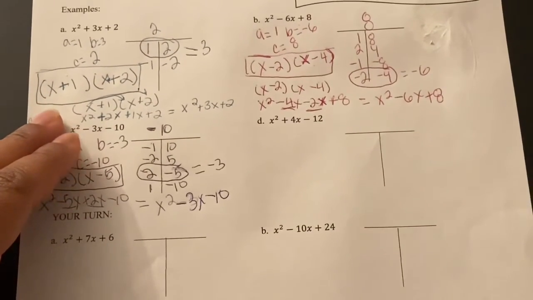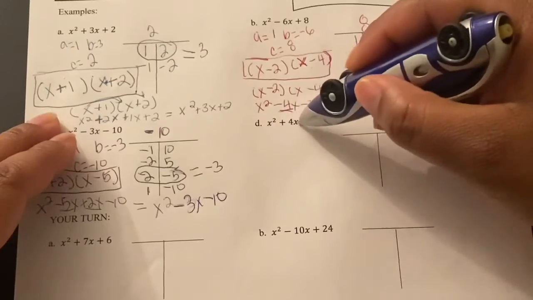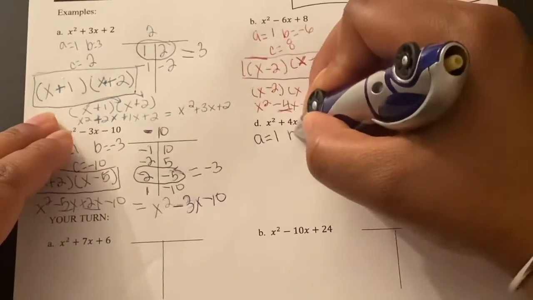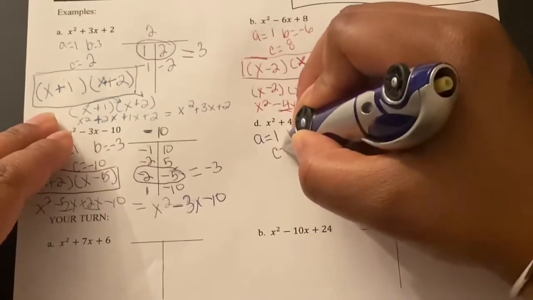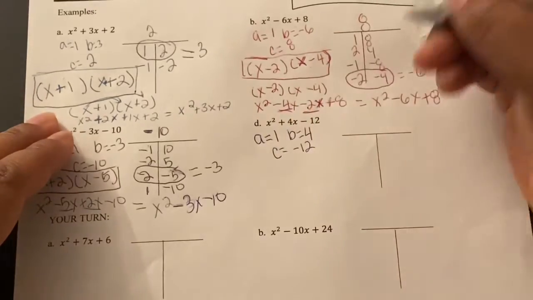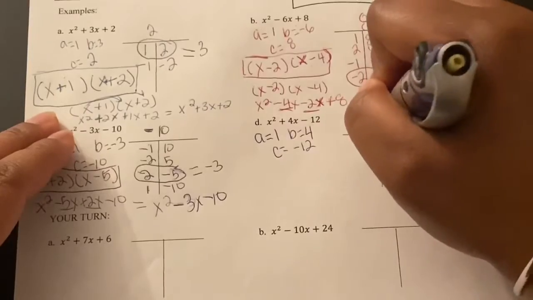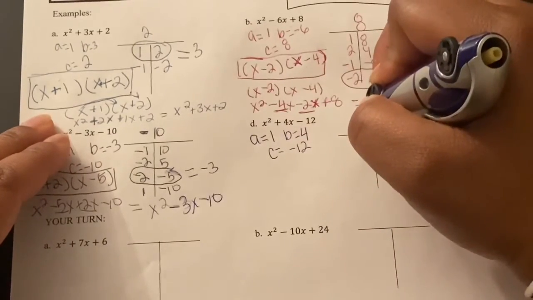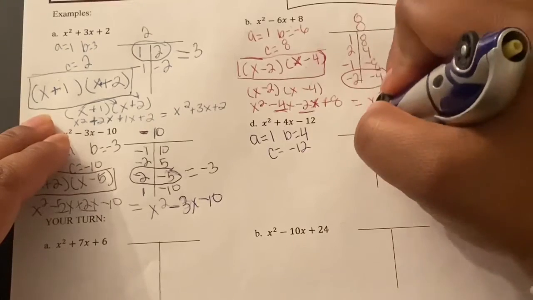Now, last but not least, for the examples, x squared plus 4x minus 12. Our a here is 1, our b is 4, and our c is negative 12. We have to find the factors of negative 12 that add to make 4. Since 12 is negative, the numbers must have different signs.